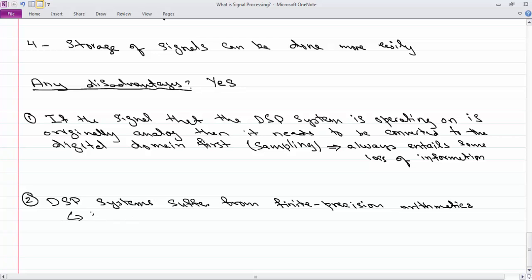So an 8-bit system has only 2 to the 8, 256 levels, or 256 different values that it can store. If you have an 8-bit system, it can only store 256 values. So a number between, let's say, 0 and 1 has to be mapped to only 256 different values. That process is called quantization, which we will also study in this course.